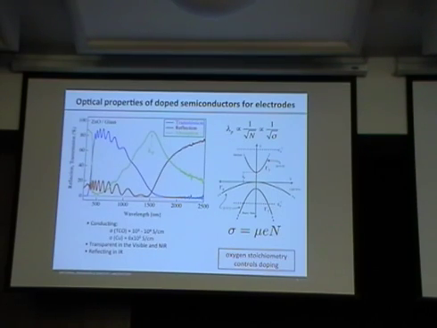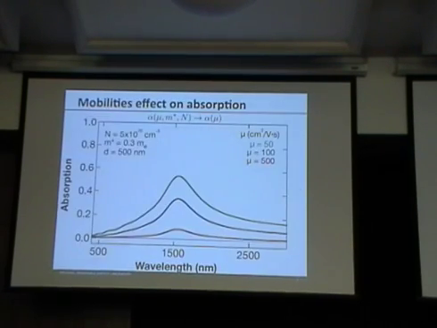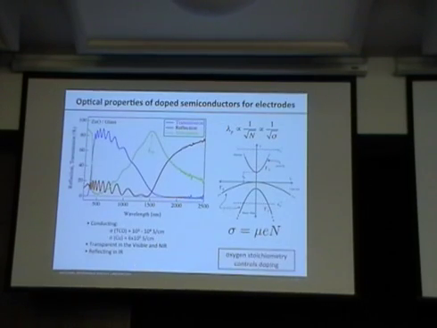And what happens if I increase mu instead? It goes down, all right? And so in terms of energy, what happens is that if I increase n, I'm going to change this absorption peak. This is what I get with mu. So when I increase the mobility at fixed carrier concentration, I basically reduce that absorption peak, which functionally means I'm opening this up.